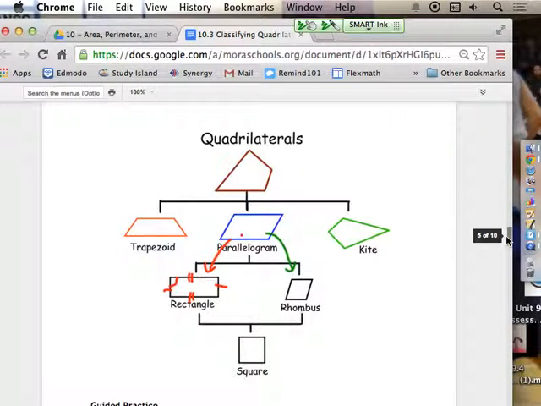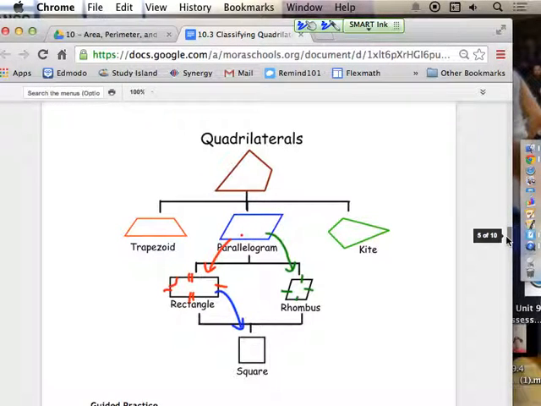The only difference between a rhombus and a parallelogram is all four sides are equal here. Still doesn't have to have 90-degree angles, but all four sides are equal. And then both of these two morph into a square. A square is a rhombus with 90-degree angles, and a square is also a rectangle with four equal sides.